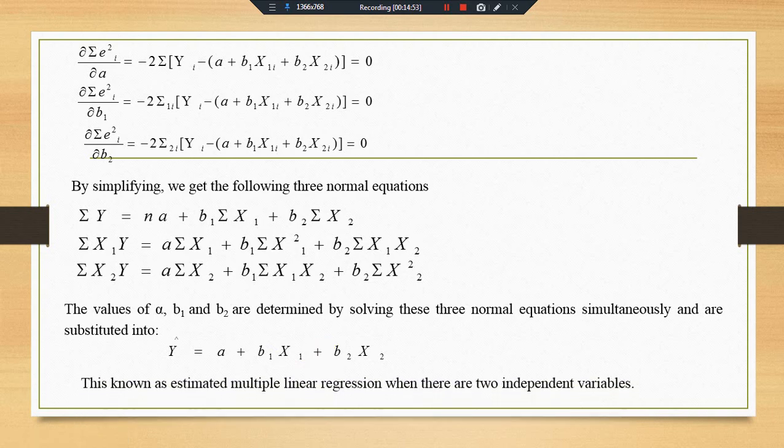This equation is known as the estimated multiple linear regression with two independent variables. So keep in mind we are using two independent variables here.